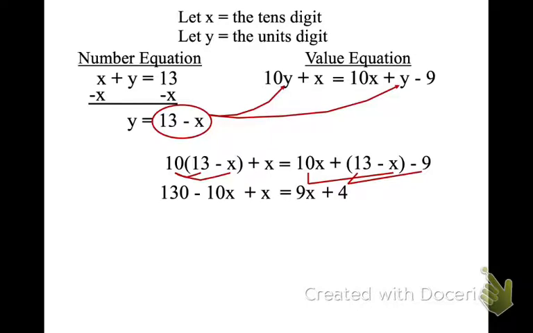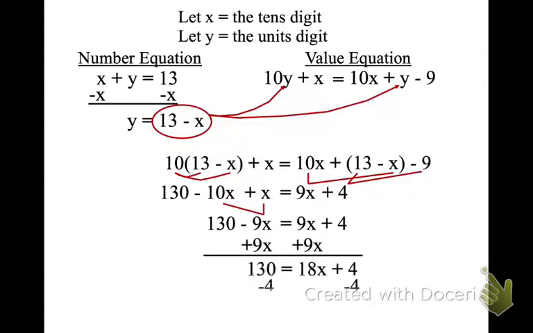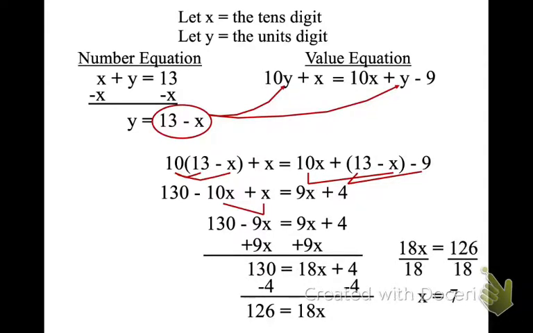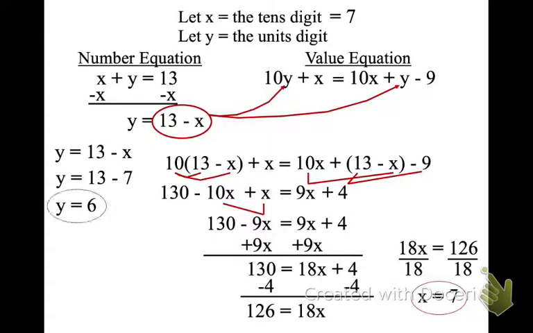Again, I'm going to combine like terms. 130 minus 9x equals 9x plus 4, adding 9x to both sides, and x is equal to 7. So if x equals 7, then when I substitute it in over here on the left, I get 6. So my answer is 76.